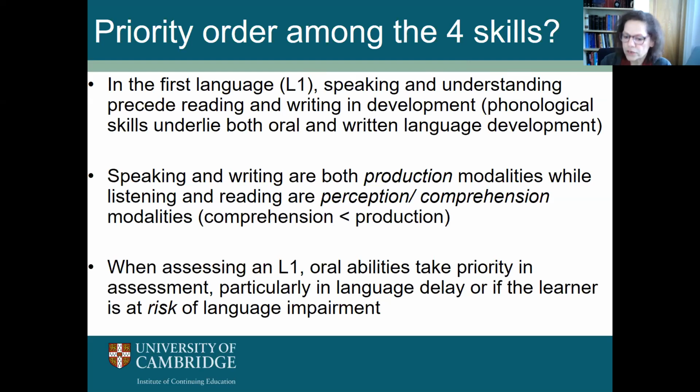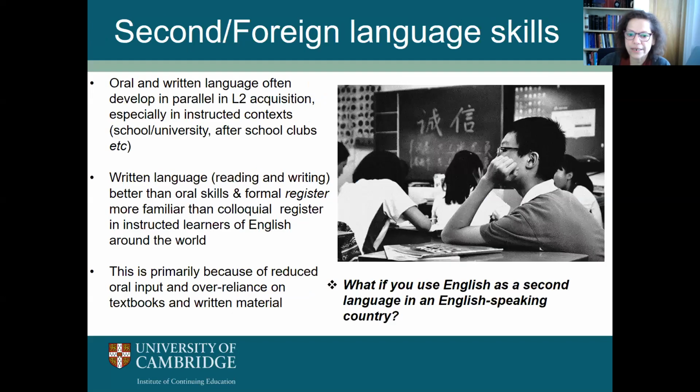When assessing a first language, we always tend to look at oral abilities first, because they take priority in development, also in assessment, particularly when a learner, a child, let's say, is at risk of language impairment or experiences some language delay. So oral abilities take precedence over reading and writing.